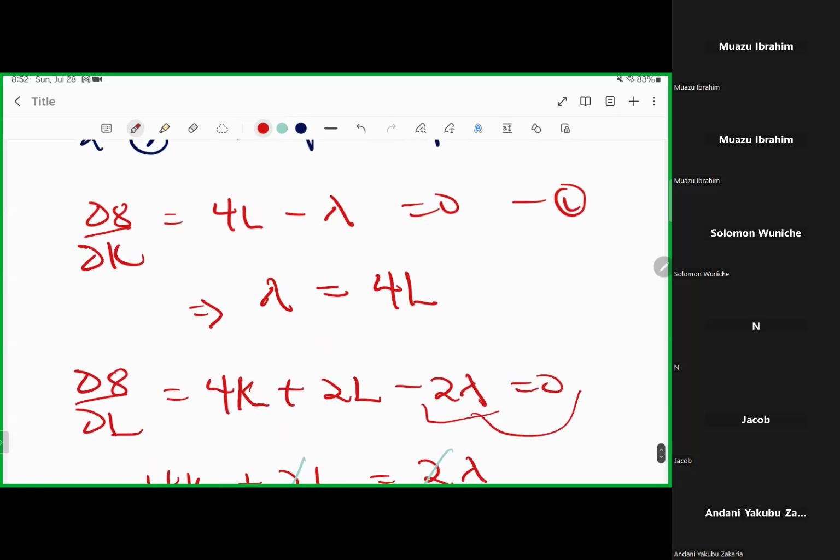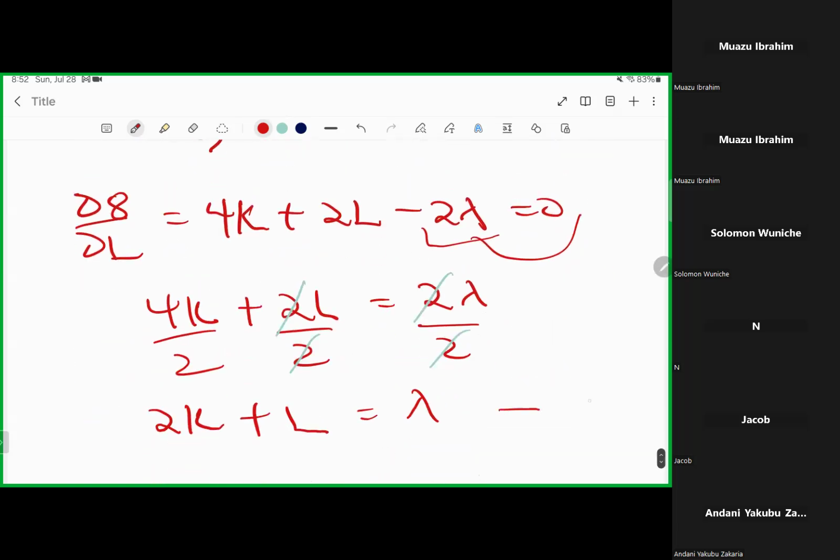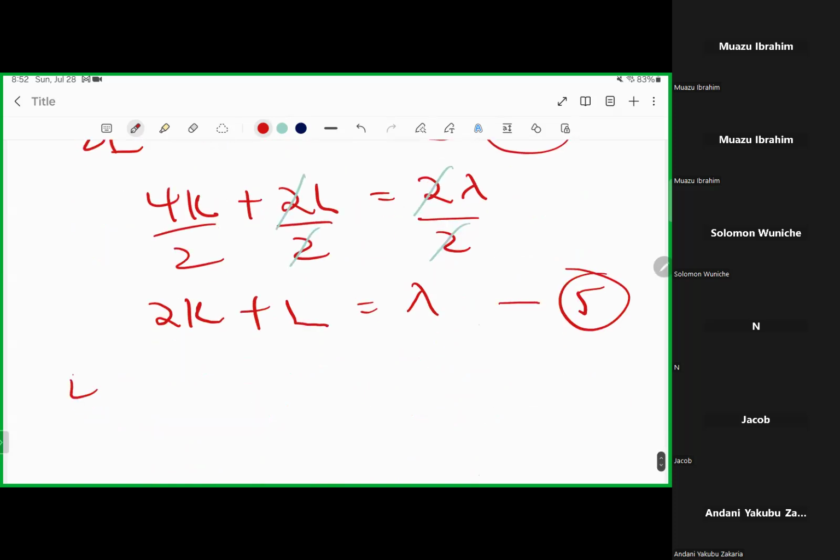So we can say this is equation 4, and this will be equation 5. Now we equate equation 4 and equation 5. How do we equate them?